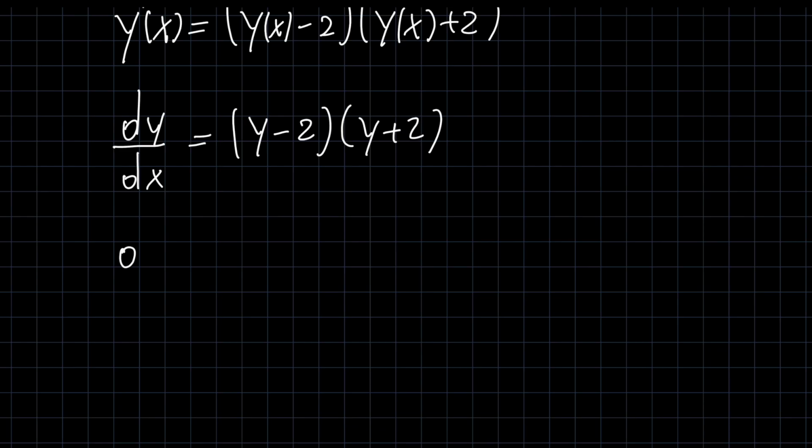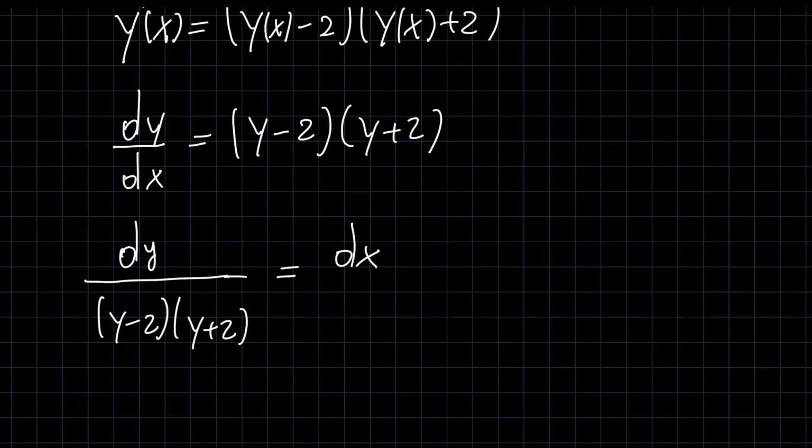So we get dy over (y minus 2) times (y plus 2) equal to dx. And now, as easy as it can be, we have to integrate both sides. So we integrate.